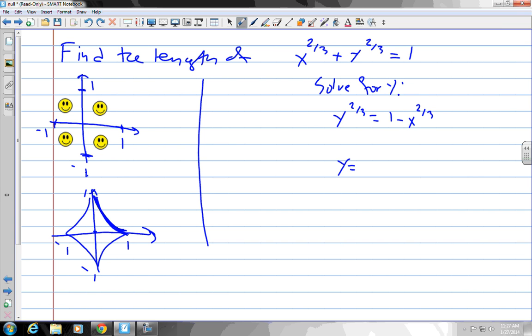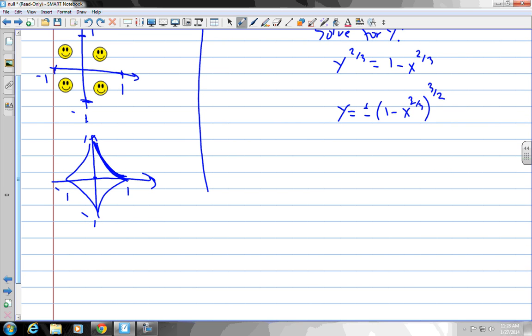So y equals plus or minus 1 minus x to the 2/3, to the 3/2, right? Is that okay? So just take the positive. So the positive is this. So take the one from 0 to 1.